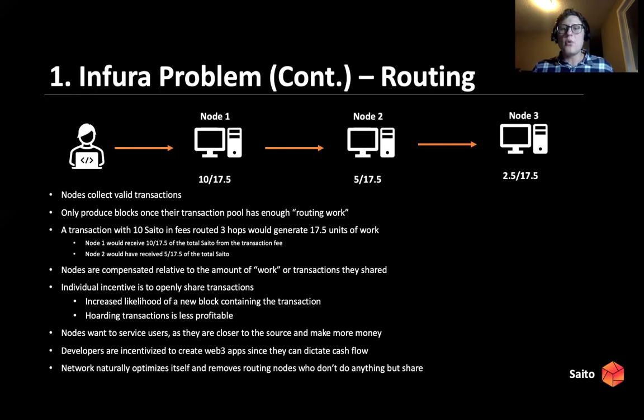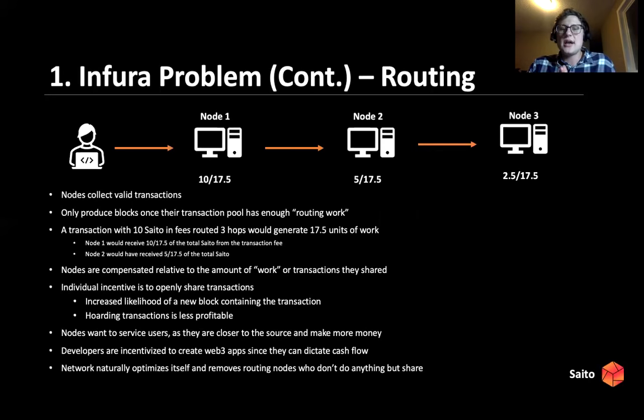Once all of the points they have add up and go beyond that threshold, they are capable of posting that block themselves. As you can see, nodes are compensated in proportion to the amount of work, or the amount of data, that they've shared amongst each other.